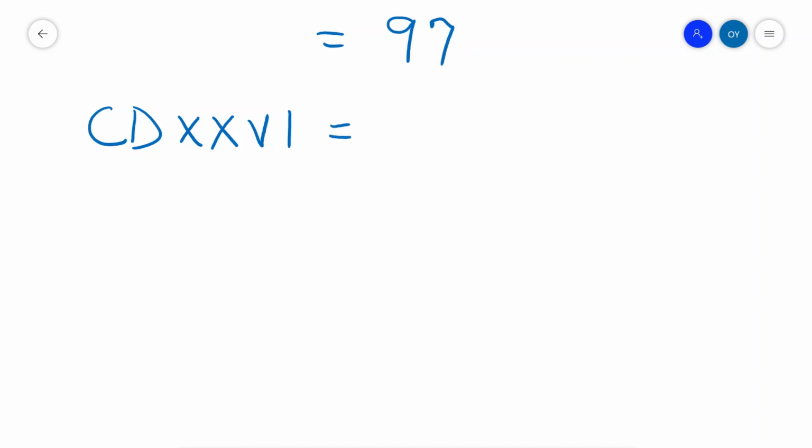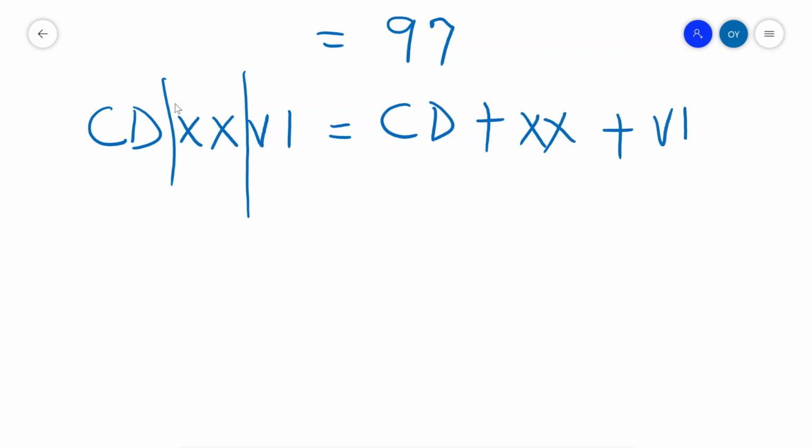So we can split this as CD going together, then XX, then VI. So CD plus XX plus VI. CD is 500 minus 100, and that is 400, plus 20. XX is 20.